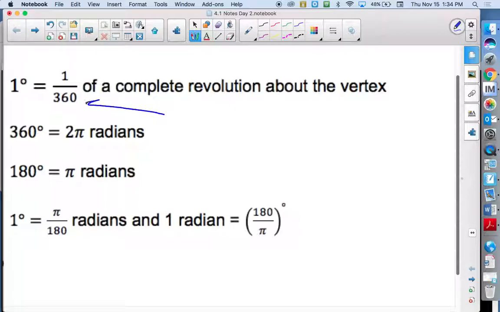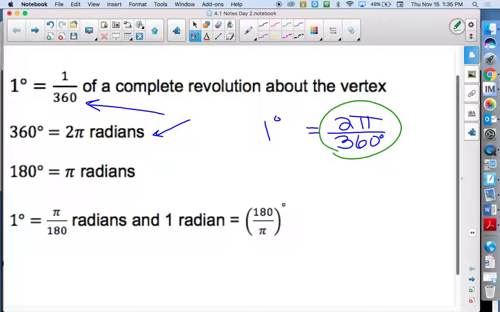Because if we go back to this fact right here, where it says 1 degree is 1 out of 360, and also apply this fact right here, 2 pi is equivalent to 360 degrees, which is therefore equivalent to 1 degree. So if we simplify this, instead of saying 1 degree is 2 pi out of 360, we could say 1 degree is really the same as pi over 180 radians.